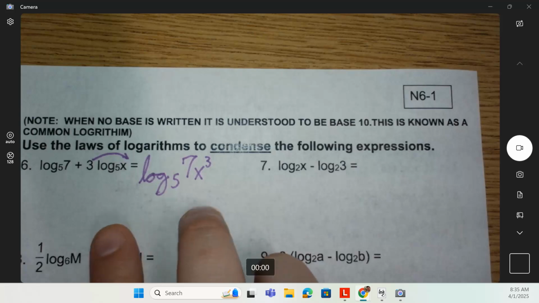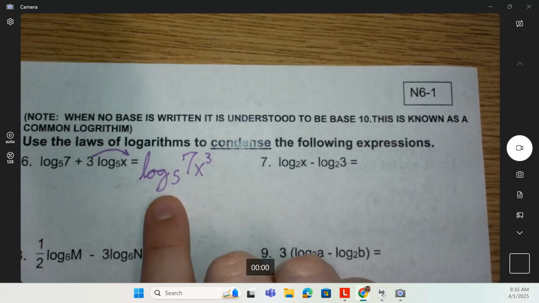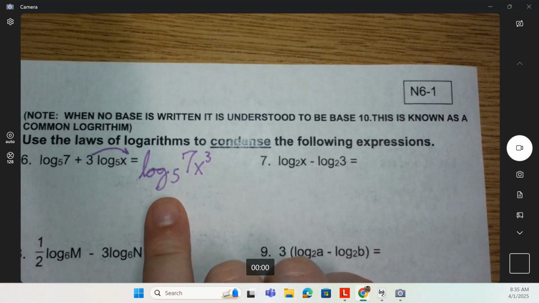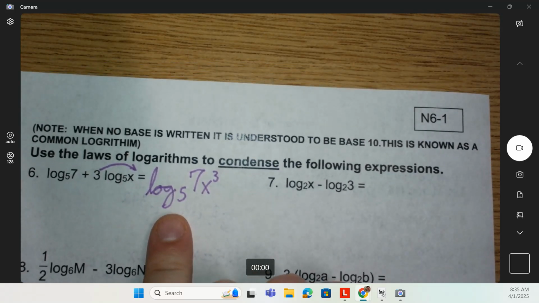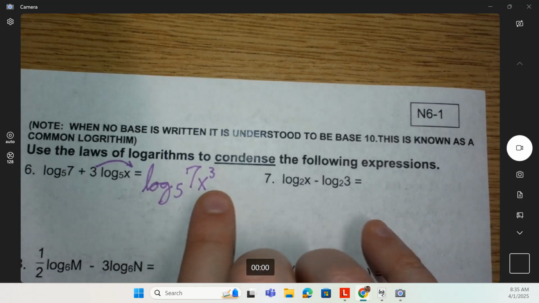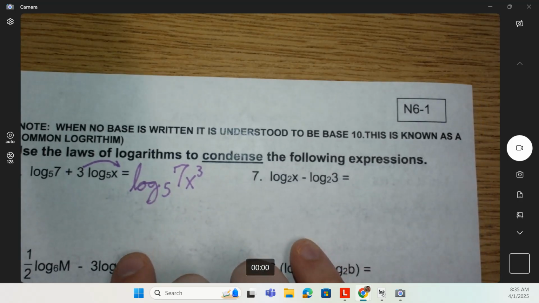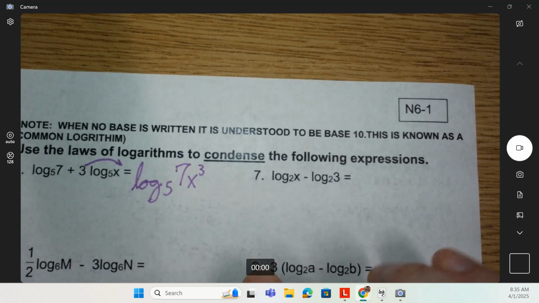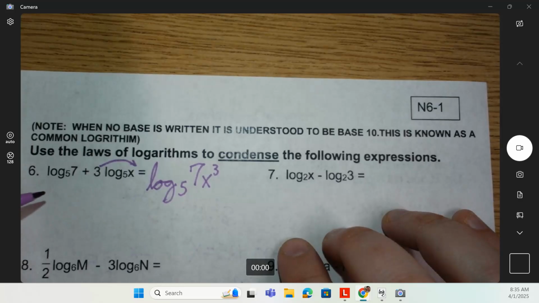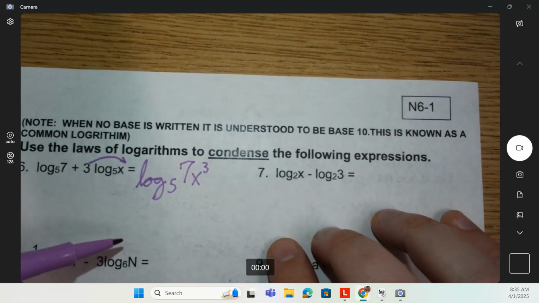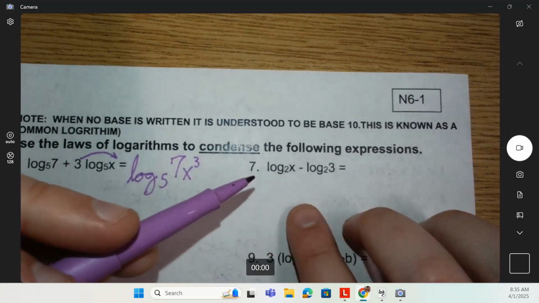So condensing it to where we've got just one log. There's our goal now for this. So you'll need to be able to work these back and forth both ways in order to work with them when we get into equations and things like that.